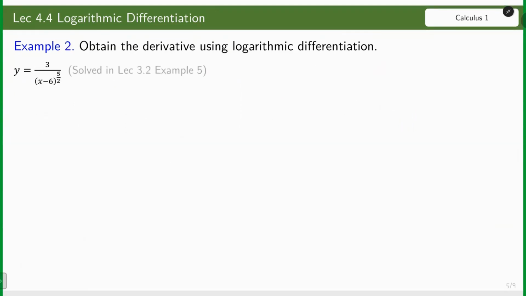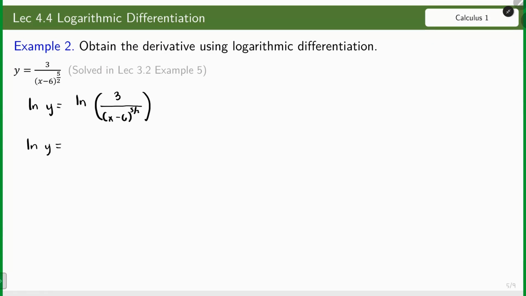Example 2, we have y is equal to 3 over the quantity x minus 6 raised to 5 over 2. We have already solved this on the lecture 3.2, example 5. Using logarithmic differentiation, we have ln y is equal to ln of 3 over x minus 6 raised to 5 over 2. Do not differentiate yet.